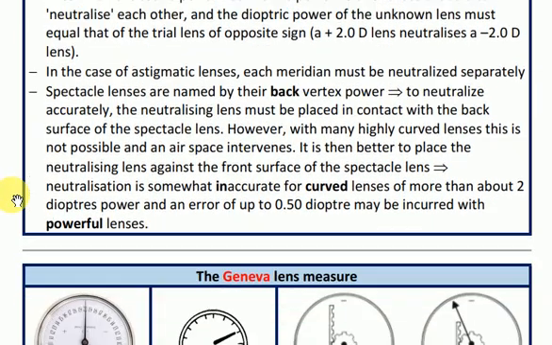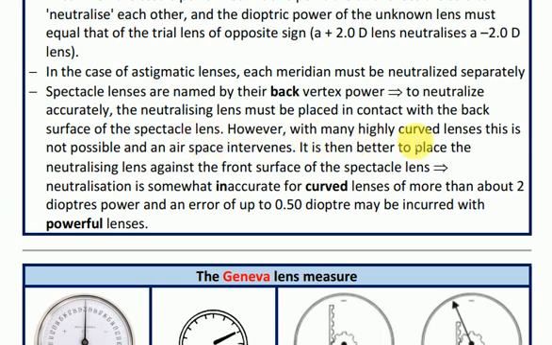In the case of astigmatic lenses, each meridian must be neutralized separately. Spectacle lenses are named by their back vertex power. To neutralize accurately, the neutralizing lens must be placed in contact with the back surface of the spectacle lens.